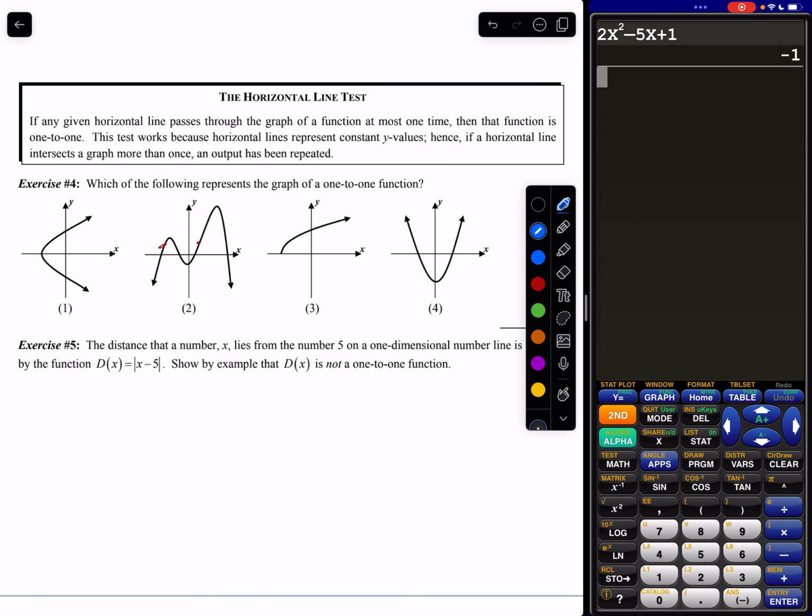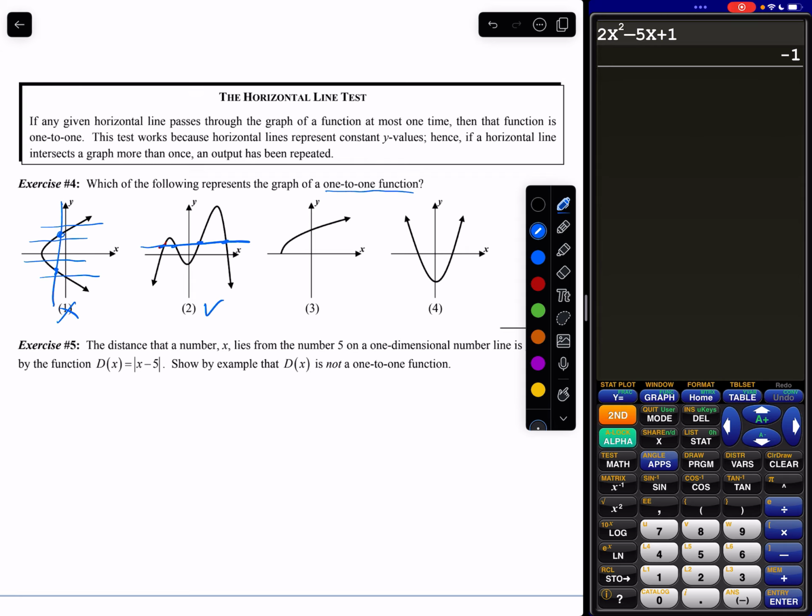So now, which of the functions represent a one-to-one function? Number one, look, it passes the horizontal line test. However, it's not a function because if I draw a vertical line, you can see that there are two outputs for an input. Okay. Number two, definitely a function. However, if I draw a horizontal line, we're going to have the same outputs here for different inputs.